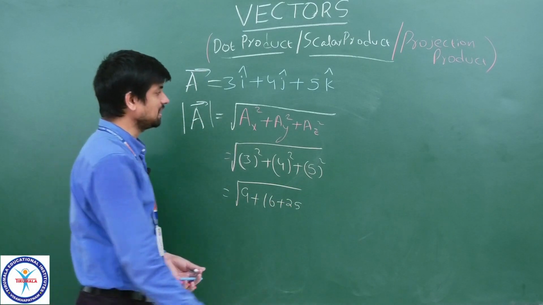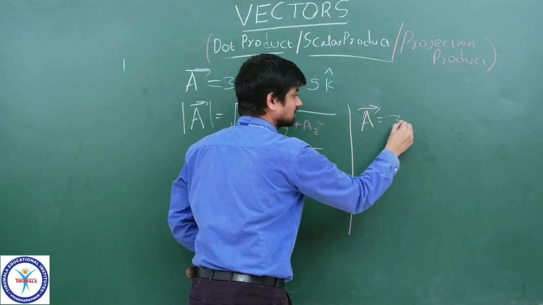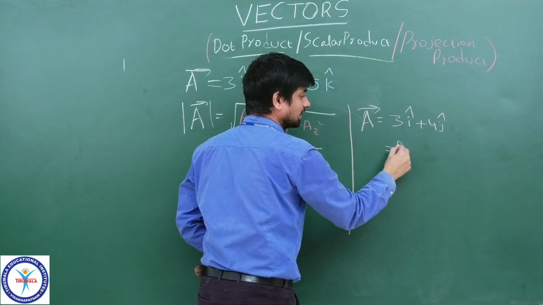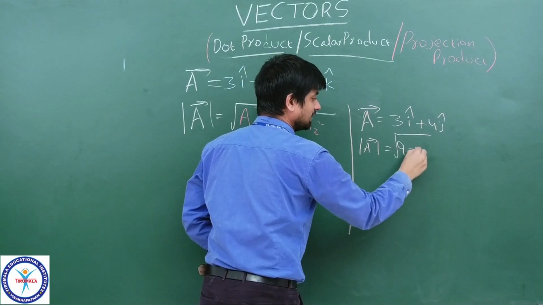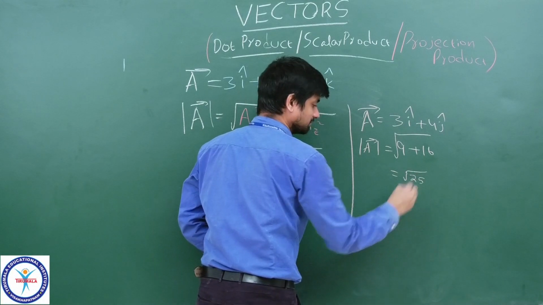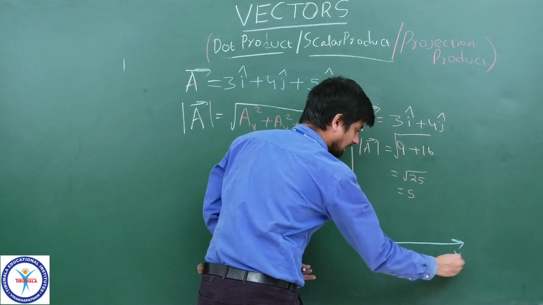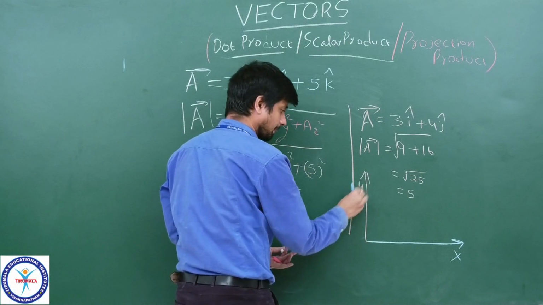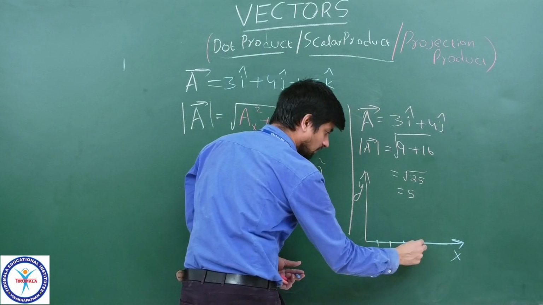Simply, if you want to understand this one, take the vector A as 3i plus 4j. So what do you get as the magnitude of the vector A, children? 9 plus 16. What is the answer? Root 25, so 5. Actually, if you represent it on the x-axis and y-axis, 1, 2, 3, 4.